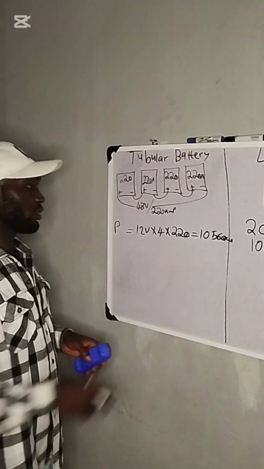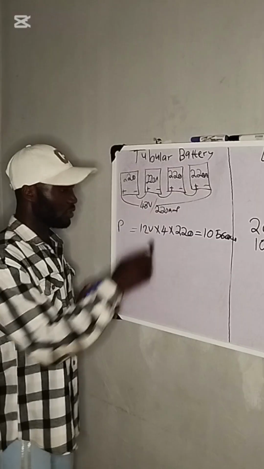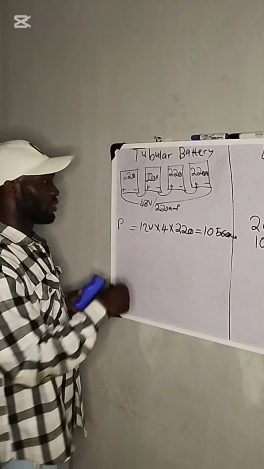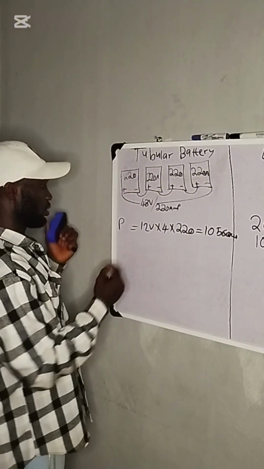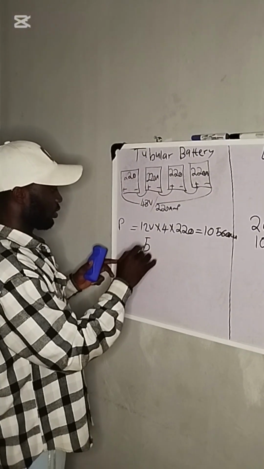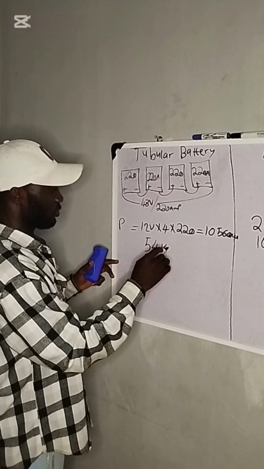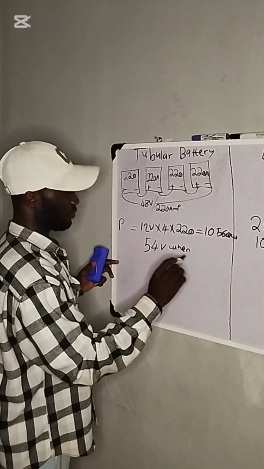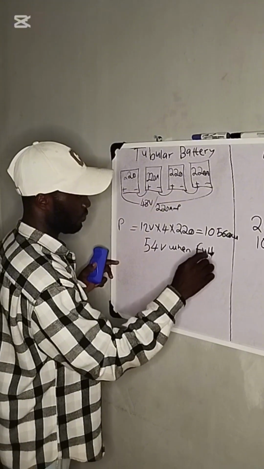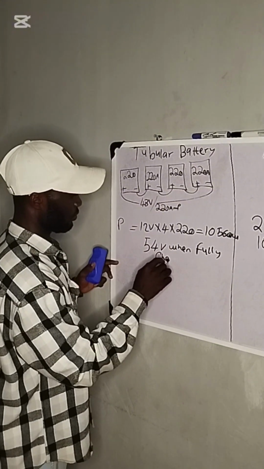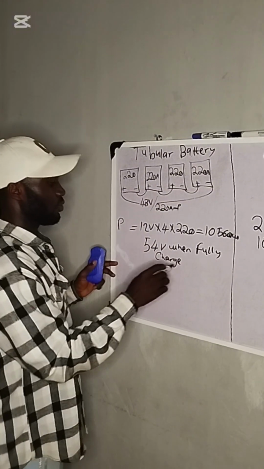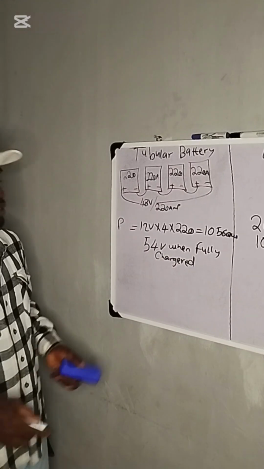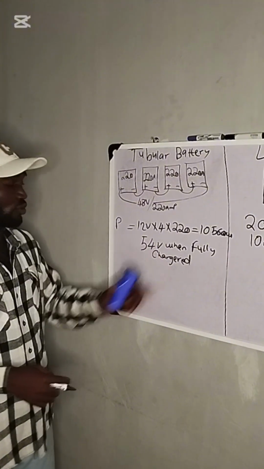When using this battery, if it is a 48-volt system, the highest voltage you will get when it's fully charged is 42 volts. For the lithium battery, the highest voltage when fully charged is 54 volts.